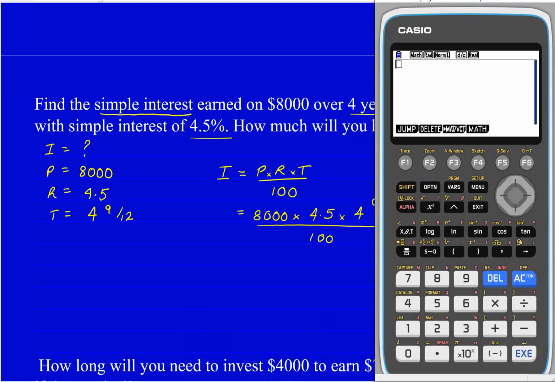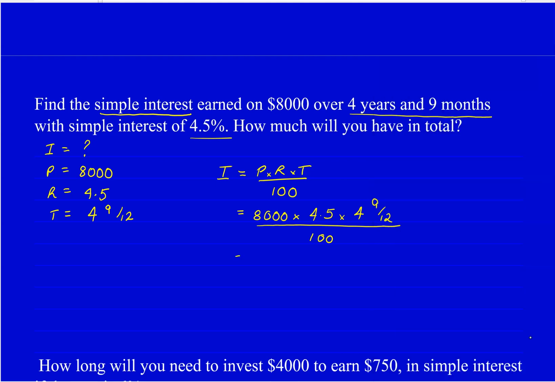Using your calculator is a huge skill. We pop it in: 8,000 times 4.5 times, and just above your fraction button, if I press shift fraction, I get a mixed fraction, so that can be 4 and 9/12, all over 100. Equals, so we've got interest of 1,710.